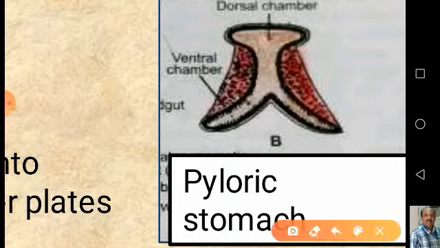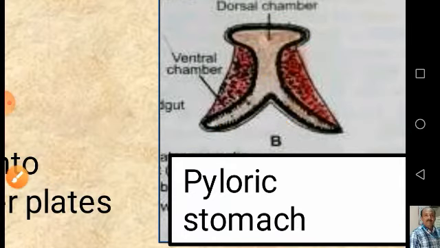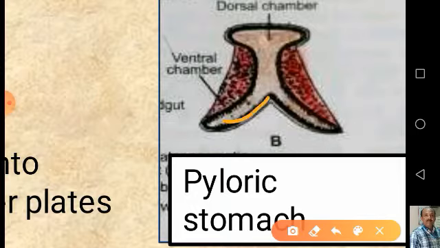Now this pyloric stomach has two small chambers. One is the dorsal chamber, and the other is the ventral chamber. This ventral chamber has a specialized shape because the floor of the ventral chamber is raised as a ridge.